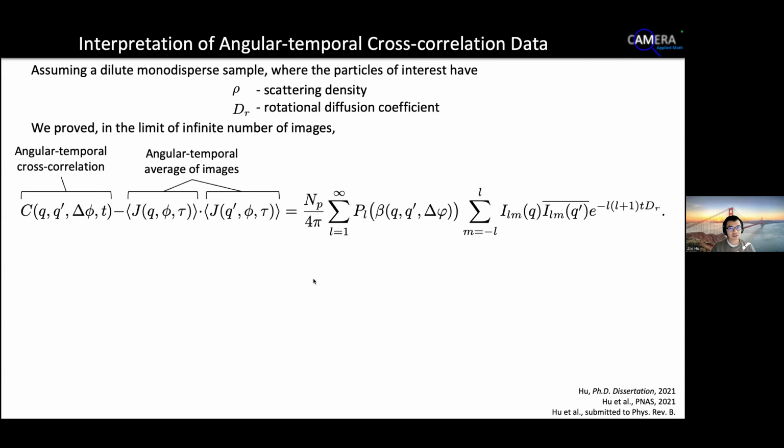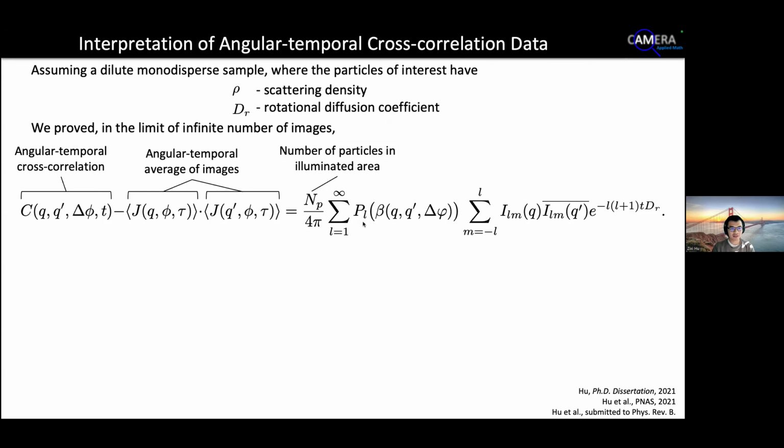The left side of this equation is the angular temporal cross correlation minus the product of these two terms, which are the angular temporal averages of images at different radii Q and Q prime. We can prove that this term is actually the angular average of this correlation with respect to delta phi. On the right side, NP is the number of particles in the illuminated area. As we are correlating different spatial positions, contributions from different particles decorrelate. We see only the terms from each of the individual particles. So the right side is proportional to NP.